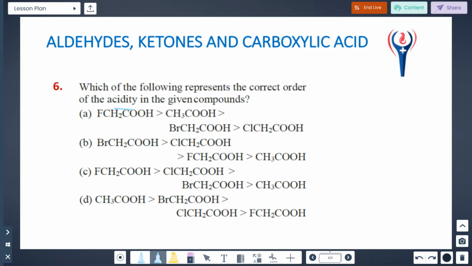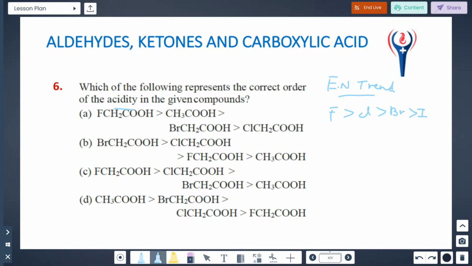So when it produces H plus ions very easily, more electronegative elements are present. The electronegativity trend: who is more electronegative? Fluorine, next chlorine, next bromine, next iodine.